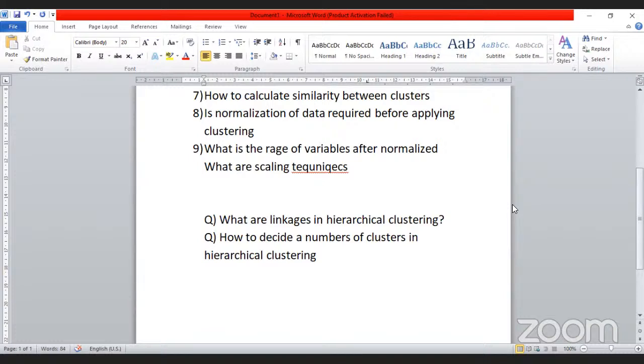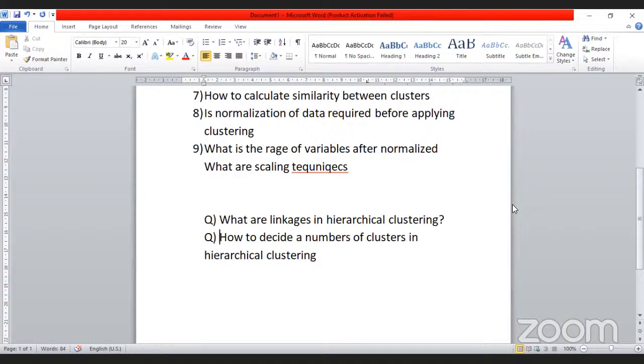In hierarchical clustering, we have a dendrogram to decide how many clusters we want. A dendrogram is just a tree-like structure, one of the graphs. With the help of that graph, we can decide how many clusters we want.